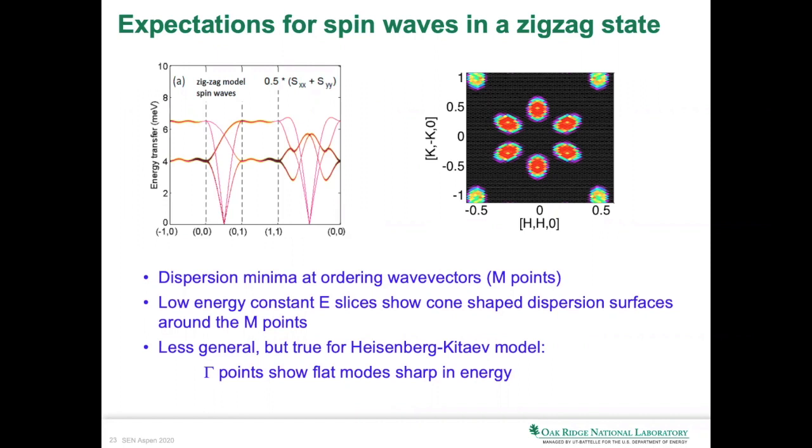This is a little bit generic for this positive Hamiltonian, but basically the ordering wave vectors are the various M points of this honeycomb lattice, so you'd expect minima at the M points. And if I take a constant energy slice at low energies, what I will see are spin wave cones around each of these points. That's generically what you would expect from spin waves.